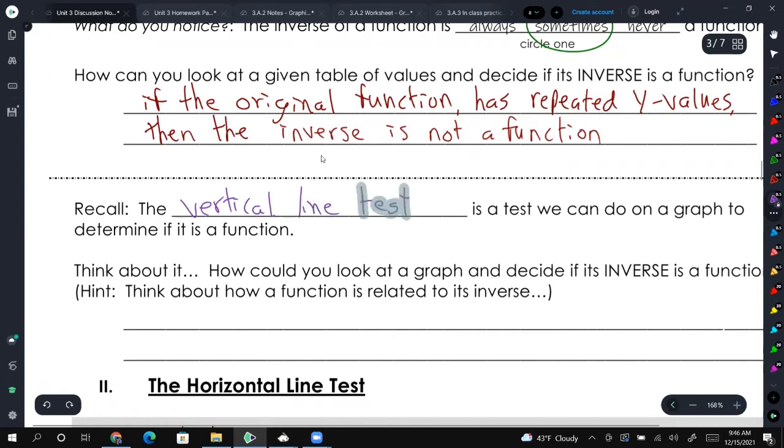With a vertical line test, we drew a vertical line, and if that vertical line touched the graph more than once, then that graph itself was not a function. Now we're going to take a step further and say, if I have the original graph in front of me, can we determine if the inverse is a function or not?